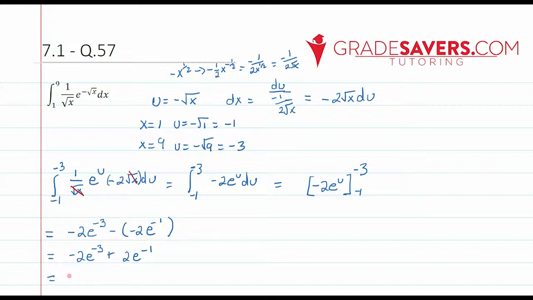And we can factor out a positive 2, so we are left with negative e to the negative 3 plus e to the negative 1. And we can rewrite this as 2 times e to the negative 1 minus e to the negative 3.